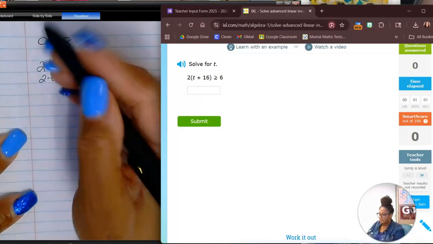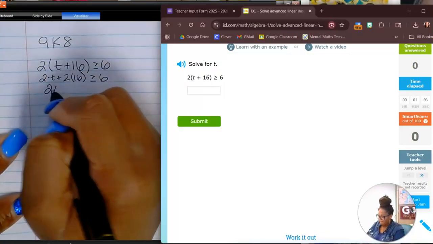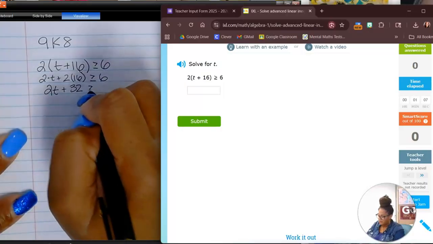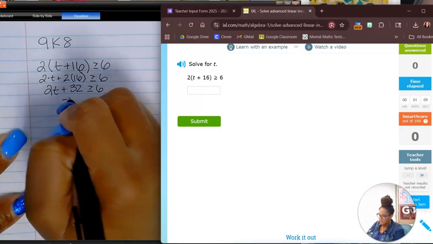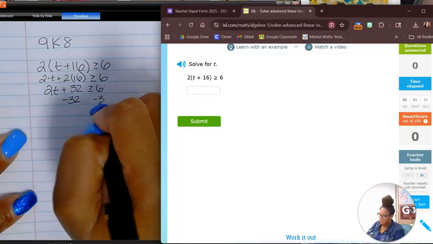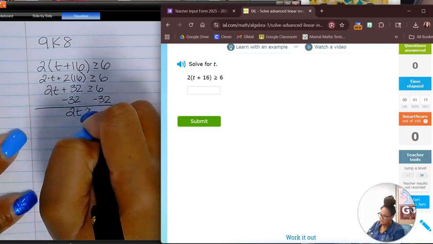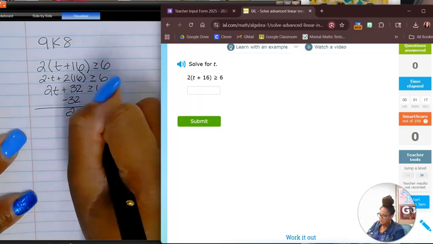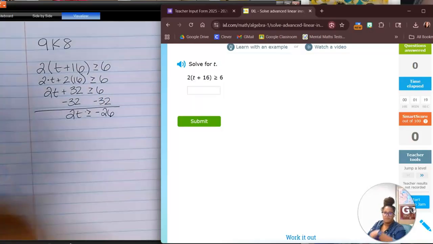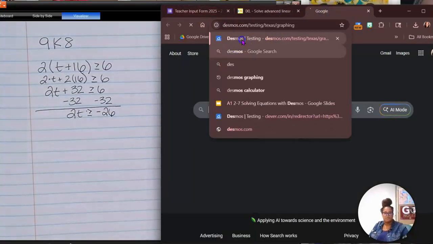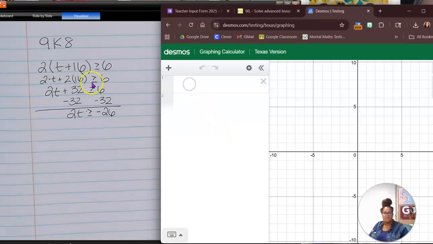So I will do 2t plus 32, because that's 2 times 16, is greater than or equal to 6. Then I would subtract 32 from both sides. 2t is greater than or equal to, this will be a negative 26. So when you go to Desmos to check your work, you'll type in 6 minus 32, and it should say negative 26.